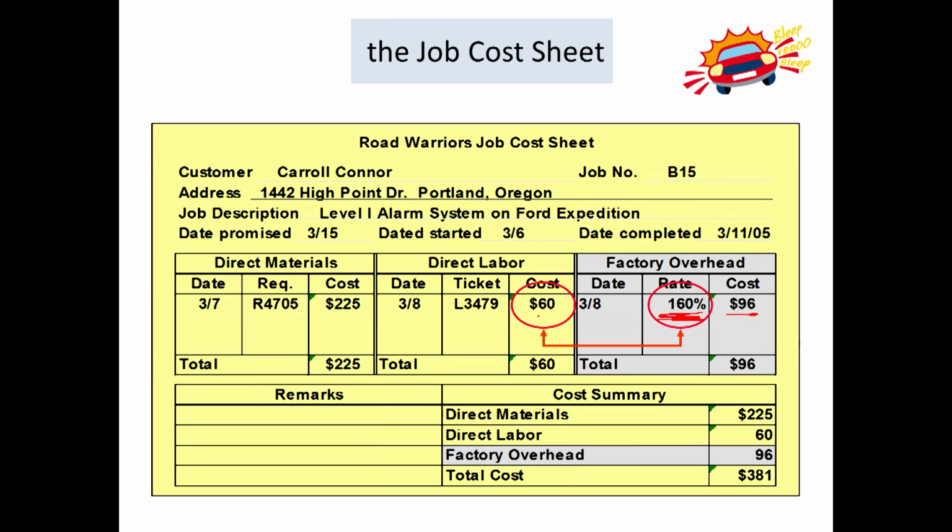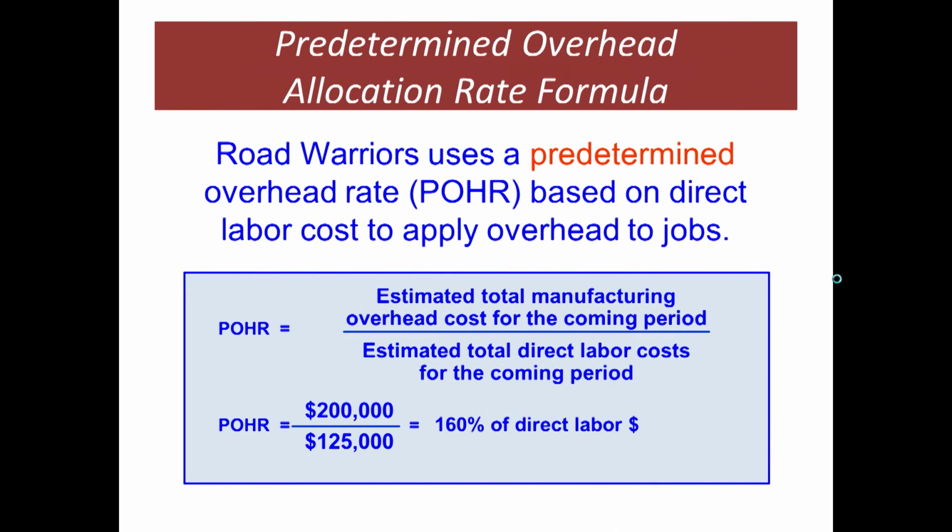So if our labor is $60, $60 times 1.6 or 160% is 96. And the more direct labor on this job B15, obviously the more factory overhead that will be put onto this job. Cool? All right.